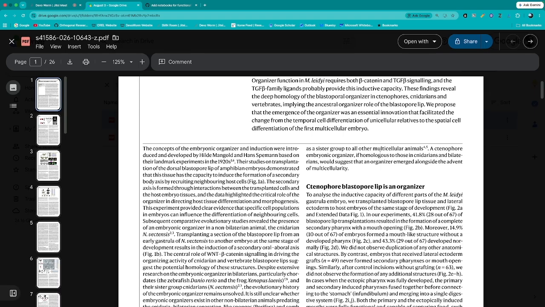A ctenophore embryonic organizer, if homologous to those in cnidaria and bilaterians, would suggest that an organizer emerged alongside the advent of multicellularity. So that's really what they're getting at: is the organizer a hallmark of all multicellularity that evolved at the same time as multicellularity? Or is this just something that has different mechanisms and does not have a shared ancestry?